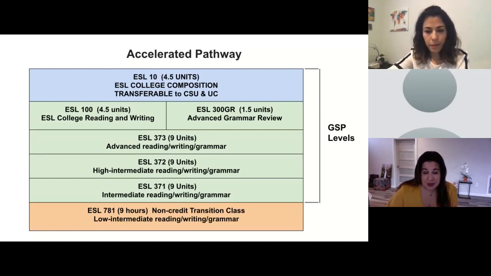But for the credit pathway, guided self-placement is what we are piloting for all of the credit classes. It begins at the intermediate level, and then we go up until transfer level college composition. And the guided self-placement is for all of those levels.